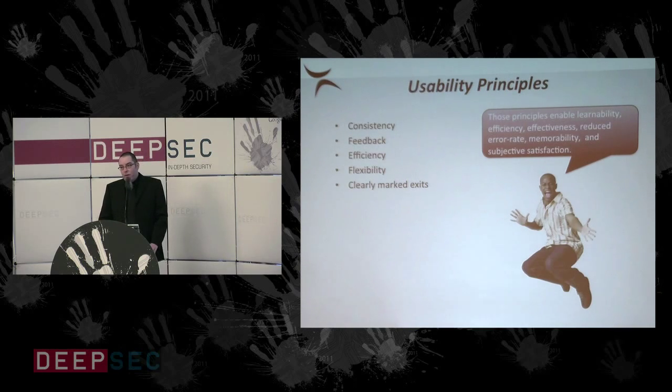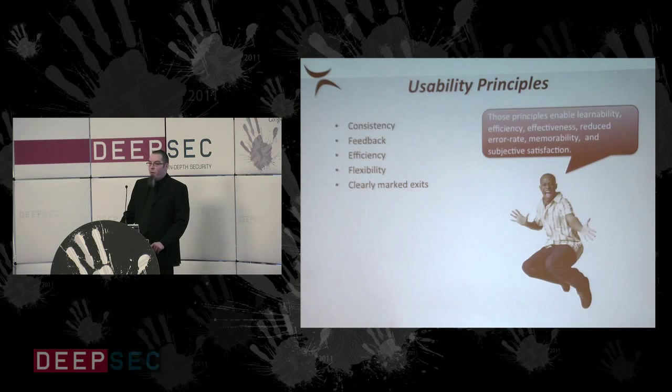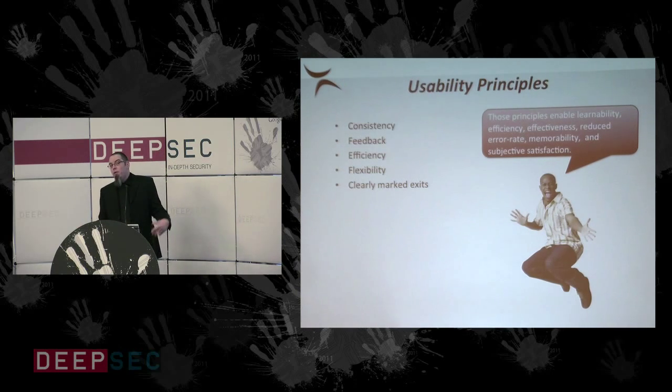Not all of the principles are weighted equally, as I already said, and some of them are very debatable in the area of IT security. Clearly marked exit just means do not provide dead ends for users. Just don't let them drive into one-way streets without a way to come back. But if you imagine now what to do with, for example, an invalid certificate. You want the user to have a one-way there, because when the certificate is invalid, the user should maintain security and not go to the site.